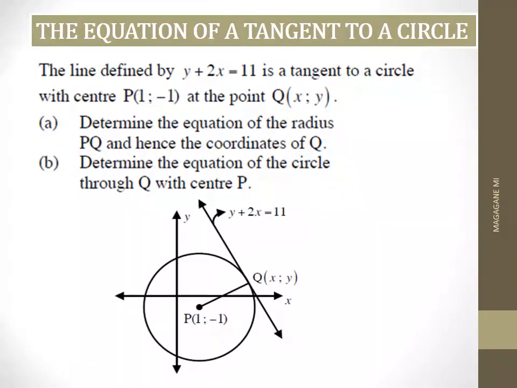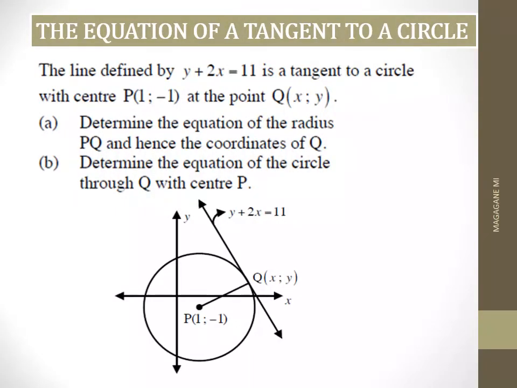We are going to use the gradient of the tangent to find the gradient of the radius, so that we can find the equation of the radius. After finding the equation of the radius, we can find the coordinates of Q, since Q is the point of contact for the tangent and PQ. So we'll solve for x and y simultaneously using the equation of PQ and the equation of the tangent.